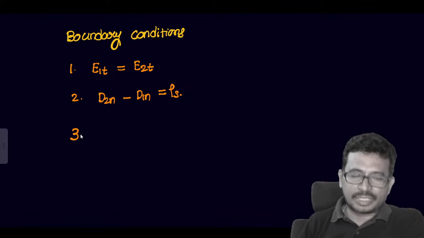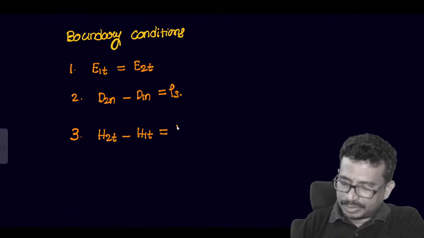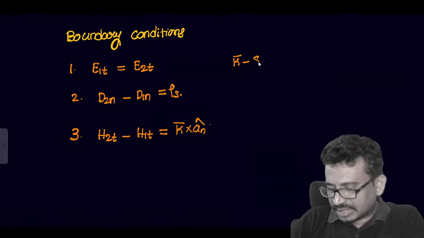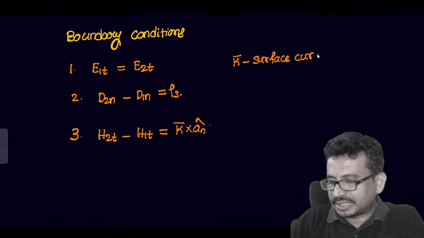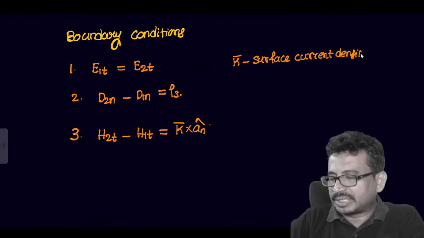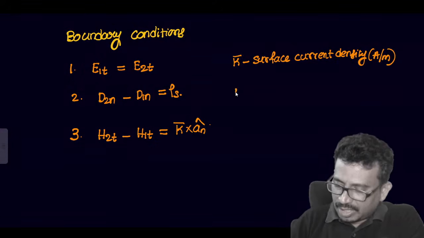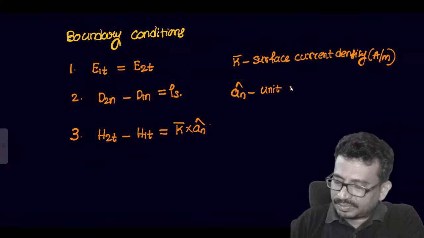And the third boundary condition is H2t minus H1t, which is equal to K cross En cap, where K is called the surface current density, with units of amperes per meter, and En cap is a unit normal vector.